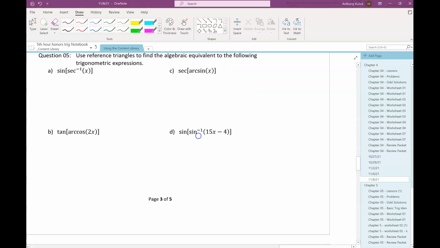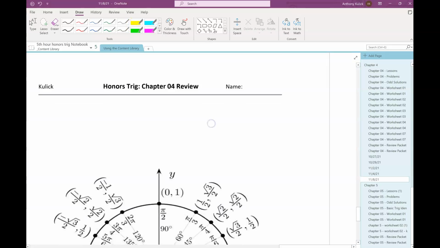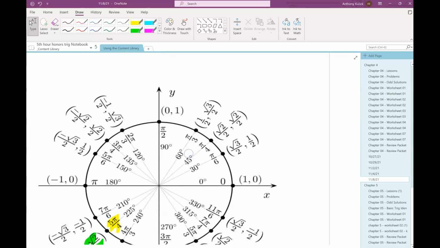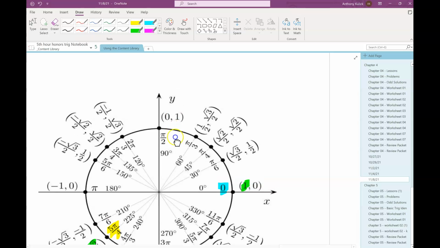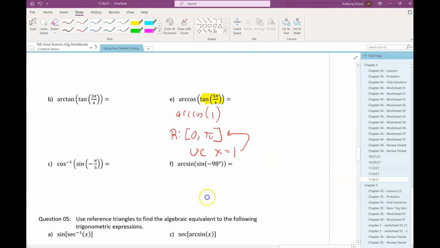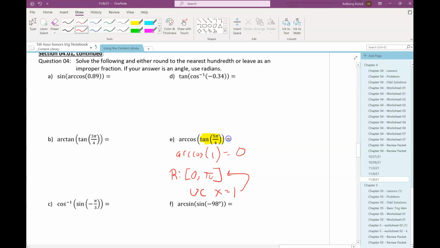The place where the x coordinate is 1 is right here at 0 radians. So the answer there is just 0.